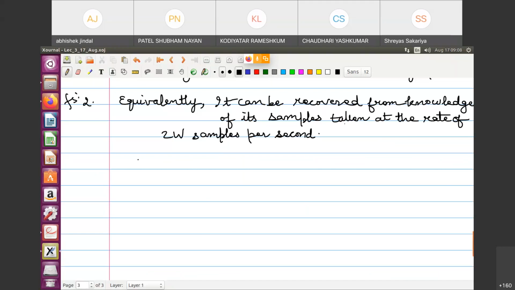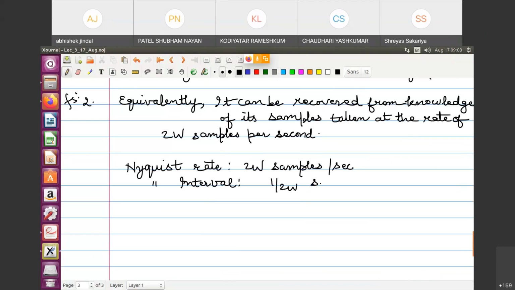Okay. So Nyquist rate. We define that. After doing this, it is important to define what a Nyquist rate is. 2W is called the Nyquist rate. Nyquist rate is 2W samples per second. And Nyquist interval. So there are two terms. Interval means the interval between two samples, that has to be 1 upon 2W seconds.